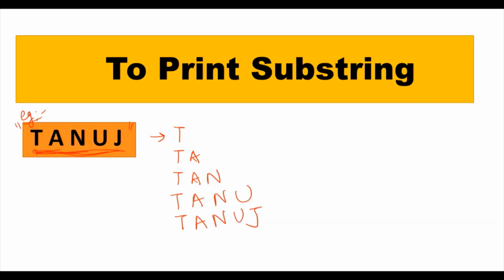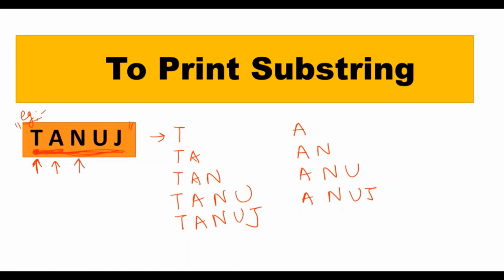Here we have taken from one character to the length of the string, which is 5 characters. Now we have covered the first character. Now we will take the second character, which is A, AN, ANU, and ANUJ. We have covered 2 characters.